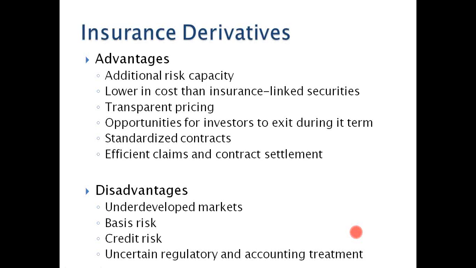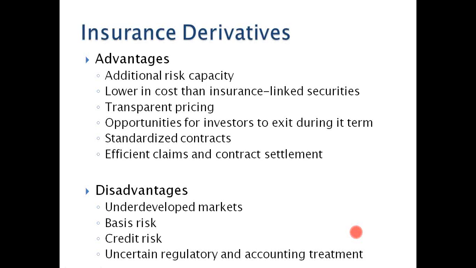You get a different group of investors involved. If you think about when you buy insurance, I'm paying a premium to get that coverage. With these insurance derivatives and capital markets, people are investing with the goal of making money. So that's really the difference: from a capacity standpoint, we're talking about a different group of people putting their money in.